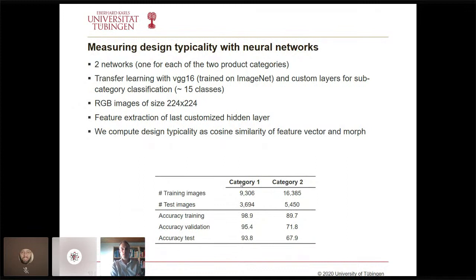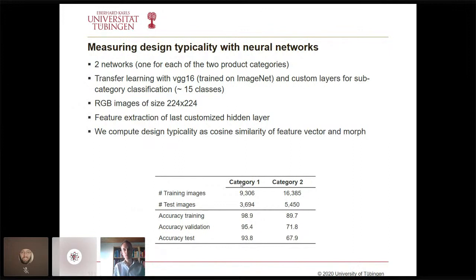We add a bunch of custom layers to adapt this net, and we train it on subcategory classification, so that within the product categories we correctly identify the subcategories. What would be a subcategory? If you look at a category like bags, then a suitcase, a sports bag and an overnighter would be subcategories. And we want to correctly predict those subcategories from the pictures.